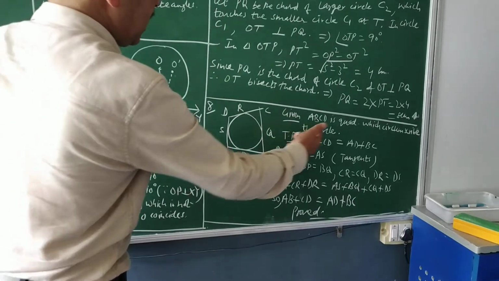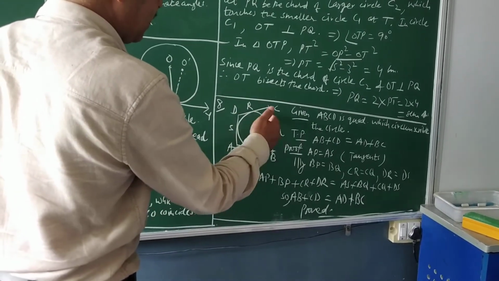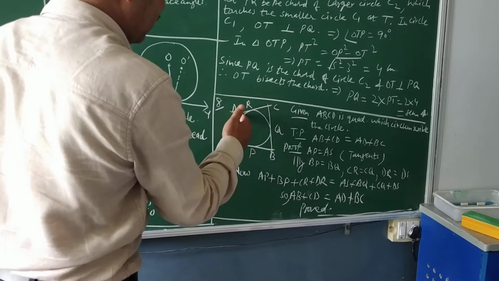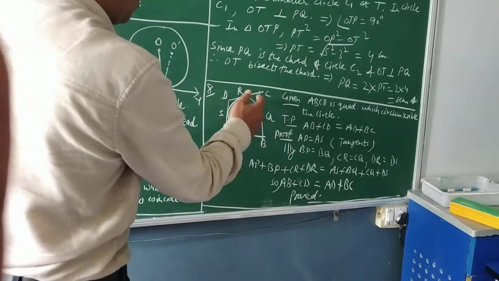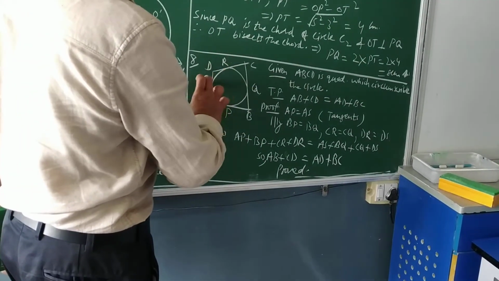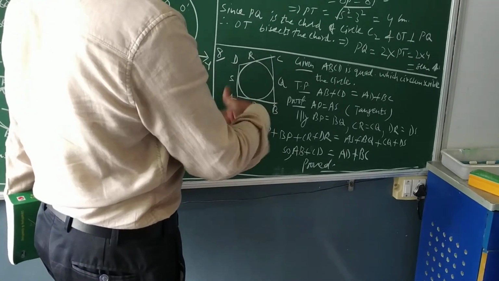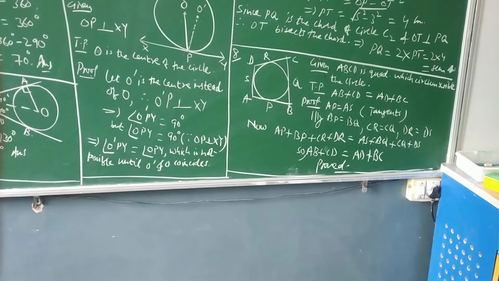So here ABCD is a quadrilateral. Draw the quadrilateral which circumscribes a circle, meaning this is the circle and all the 4 sides touch the circle somewhere at P, Q, R and S. And I need to prove that the sum of the lengths of the opposite sides of the circumscribing quadrilateral is equal to the sum of the other 2 sides.